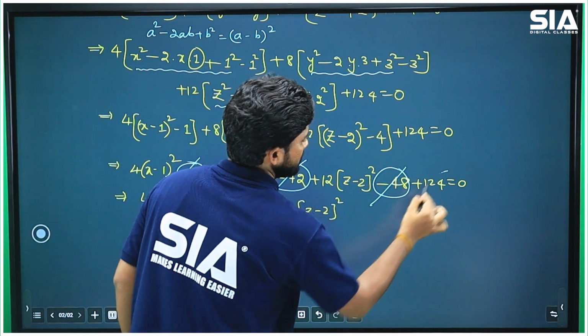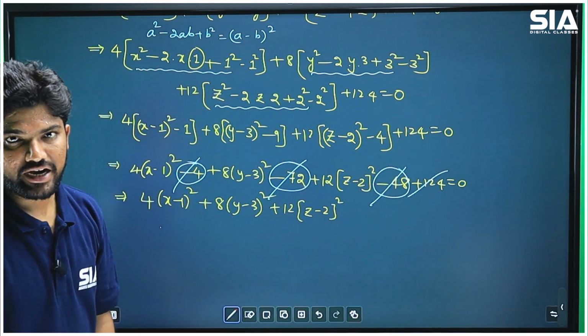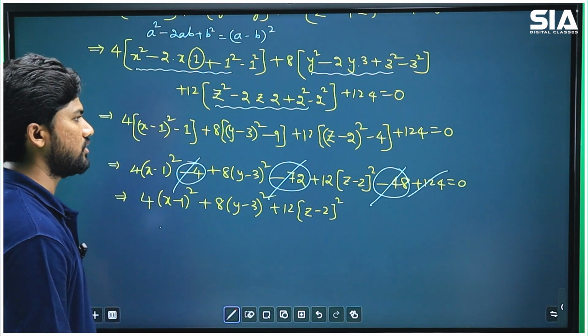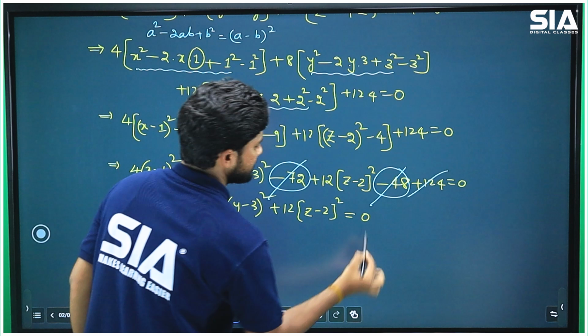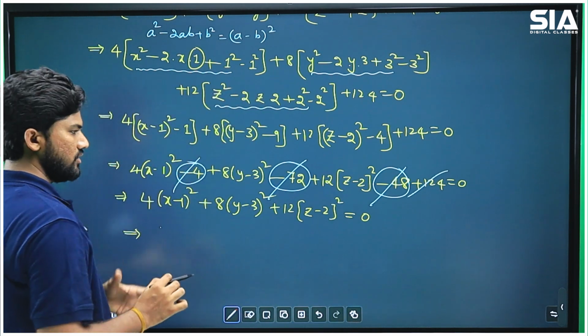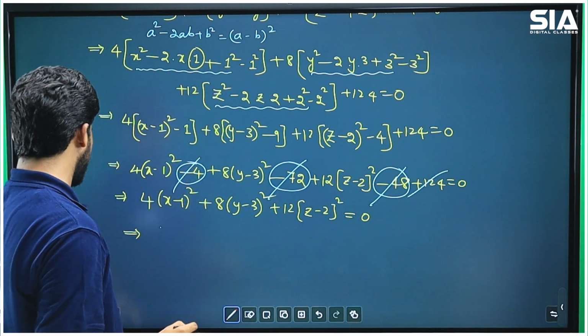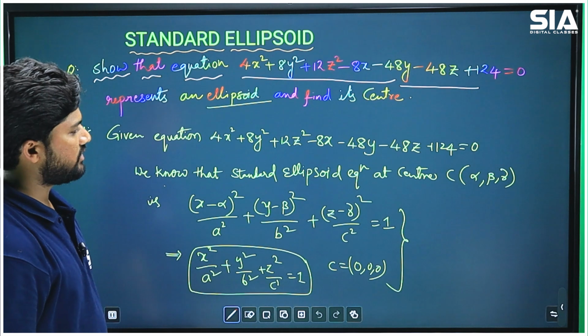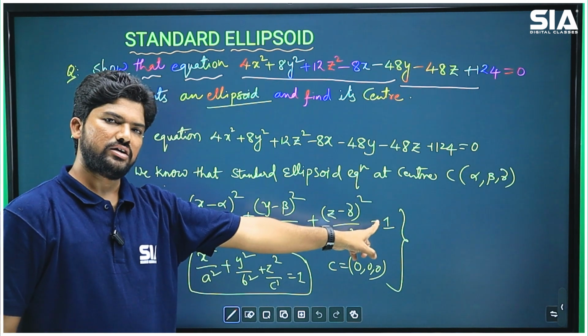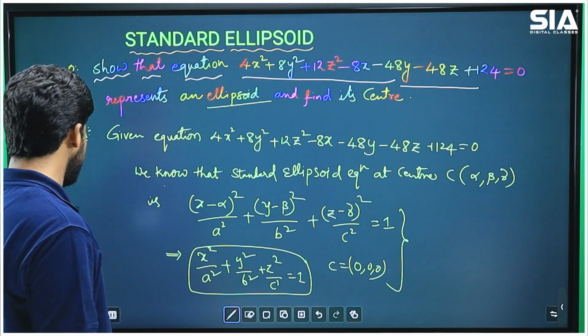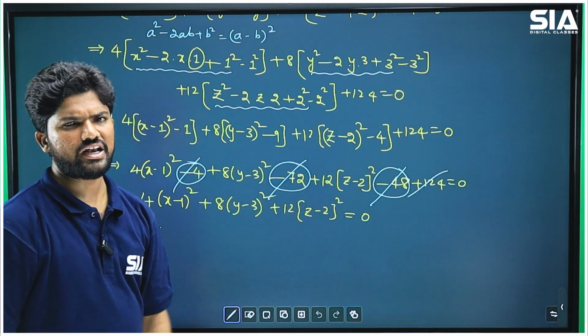These values will cancel: minus 124 plus 124. So therefore you will get that value equal to 0. So to convert into the standard ellipsoid equation, the RHS should be equal to 1, but here after simplification we got the constant value equal to 0.